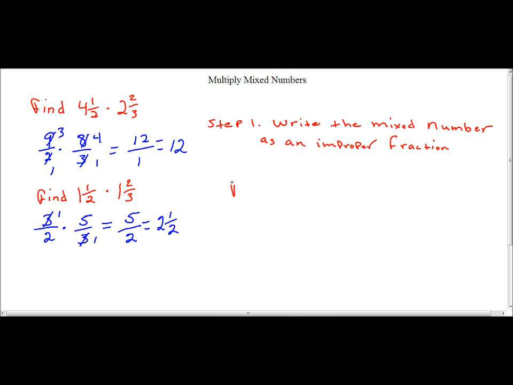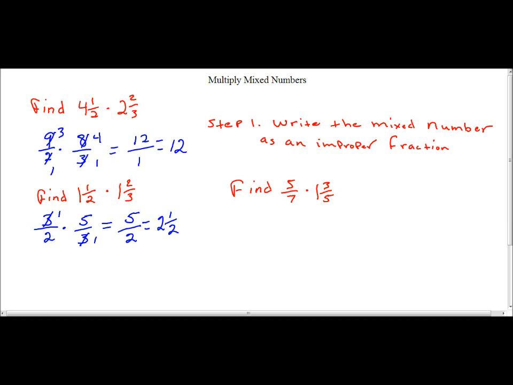So let's find 5 over 7, like a 5 and not an S, times 1 and 3/5.